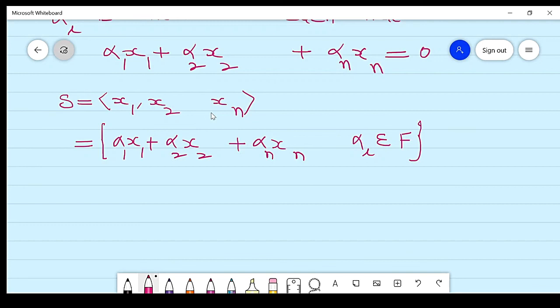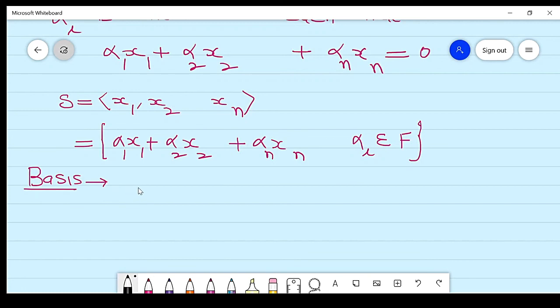Now next is the definition of basis. So what is a basis?